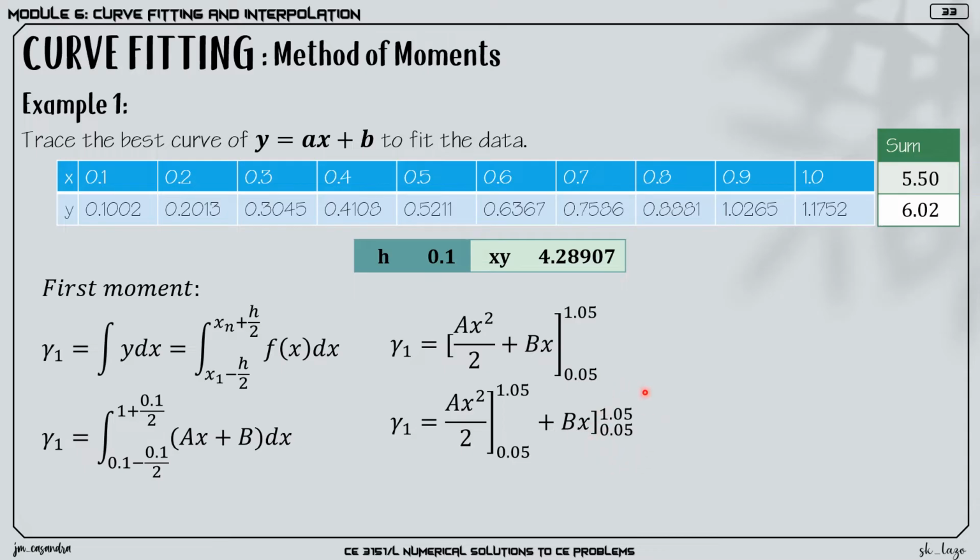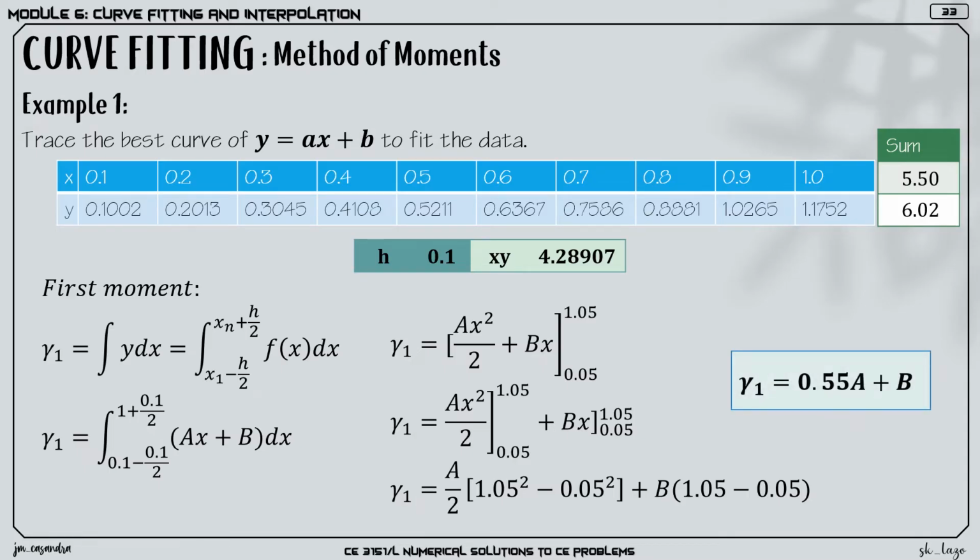Substituting the values of our limits to the values of x, we have gamma sub 1 is equal to a over 2 times 1.05 squared minus 0.05 squared plus b times 1.05 minus 0.05, giving us gamma 1 is equal to 0.55a plus b.